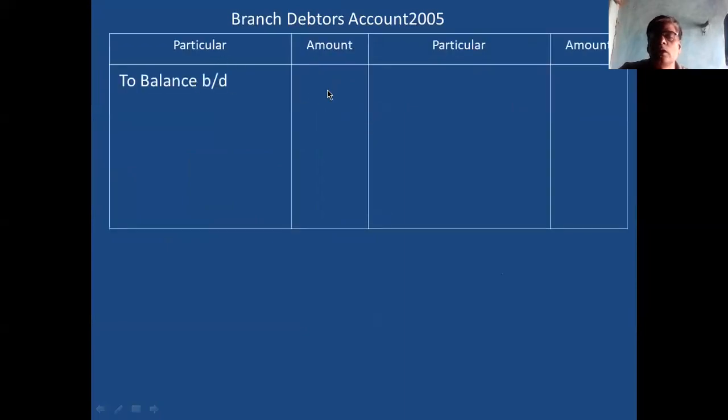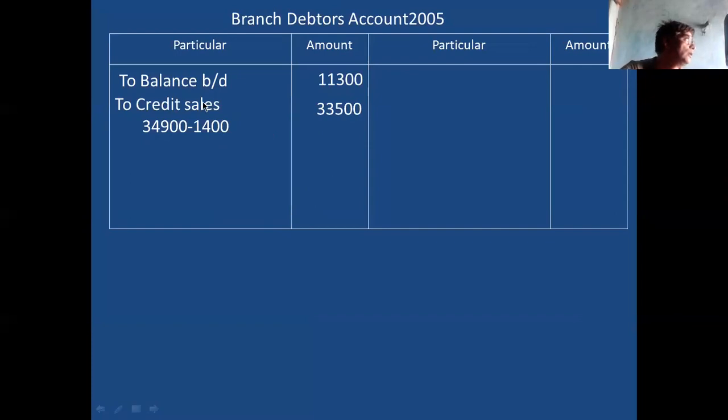To balance brought down, debtors is 11,300. Okay. Then credit sale. Total sale is given in the problem: 34,900. Out of 34,900, you deduct the cash sale 1,400. Then credit sale is 33,500. Okay.